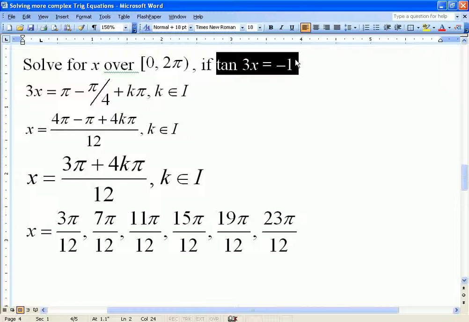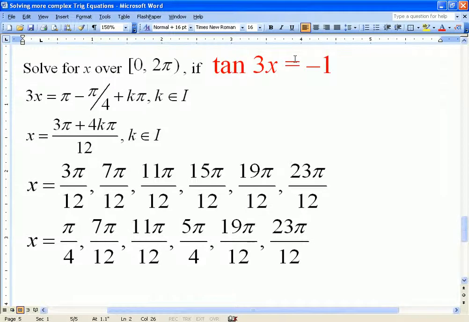So those are all of the solutions. Well, we can simplify these numbers a bit further, and 3 pi over 12 simplifies to be pi over 4. 15 pi over 12 simplifies to be 5 pi over 4. And the other values remain the same.